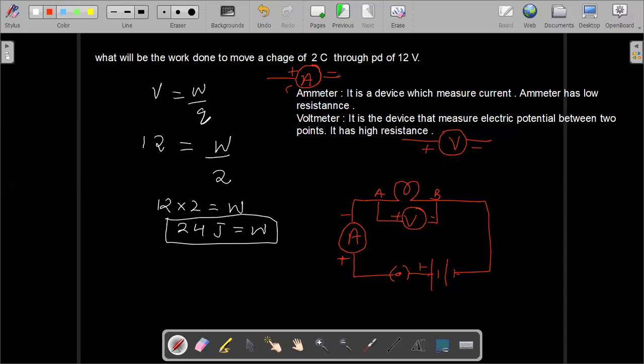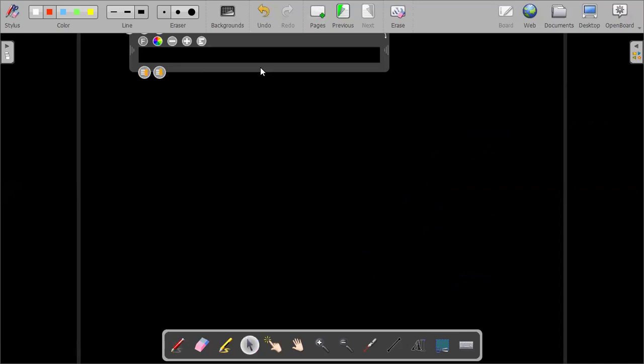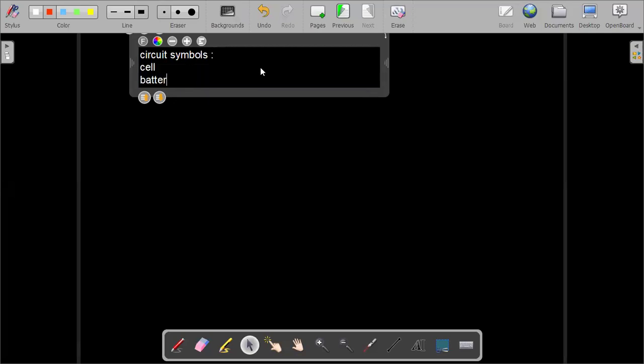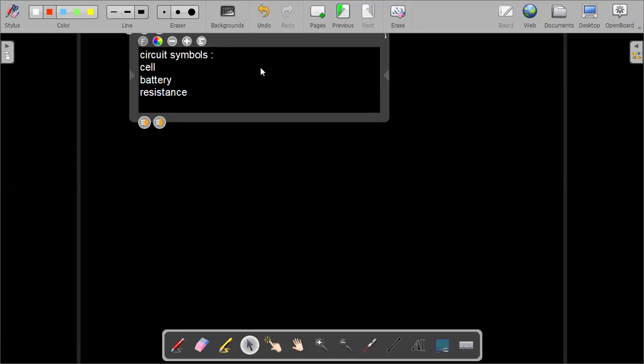Okay. Let us try to learn some circuit symbols. I think most of you are aware of them. In the circuit symbols, the first symbol we see is our cell. Then we see the battery. We see resistance. Switch.